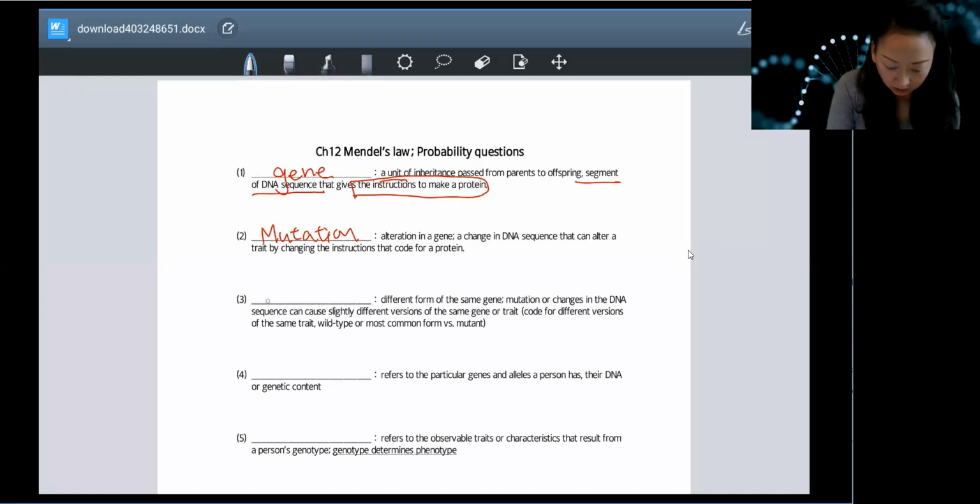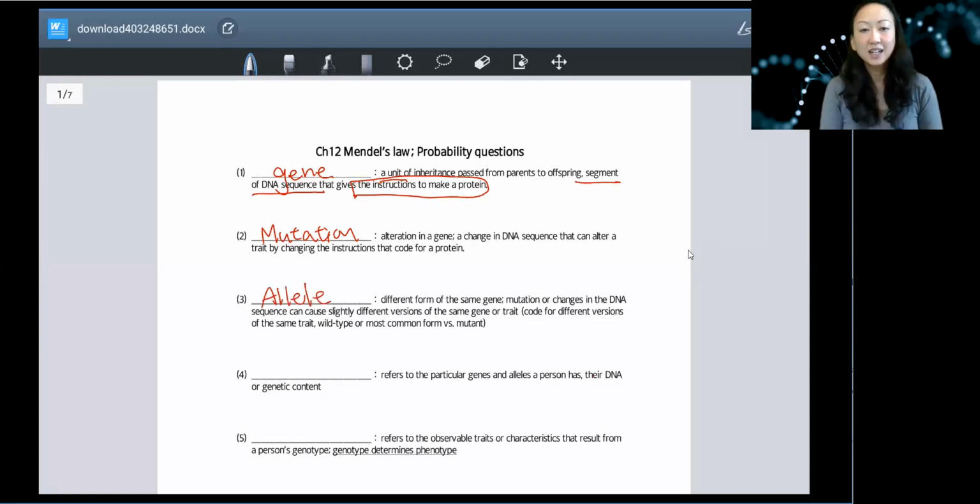Let's spell this together. Allele. An allele is a different form of the same gene, and it could be a type of mutation. When you change the spelling of a gene, now it's a different version of the same gene.